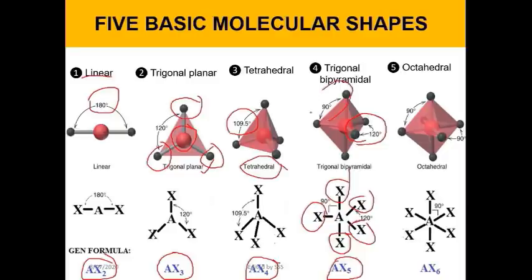And here is the axial position with bond angle 90 degrees, and the basic molecular shape is known as trigonal bipyramidal. And the last basic molecular shape is known as octahedral with 6 terminal atoms, and the bond angle is 90 degrees with general formula AX6.